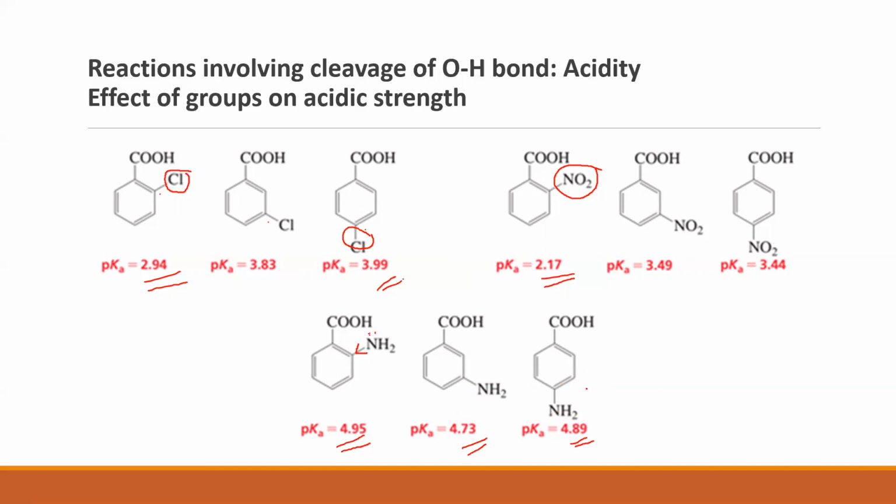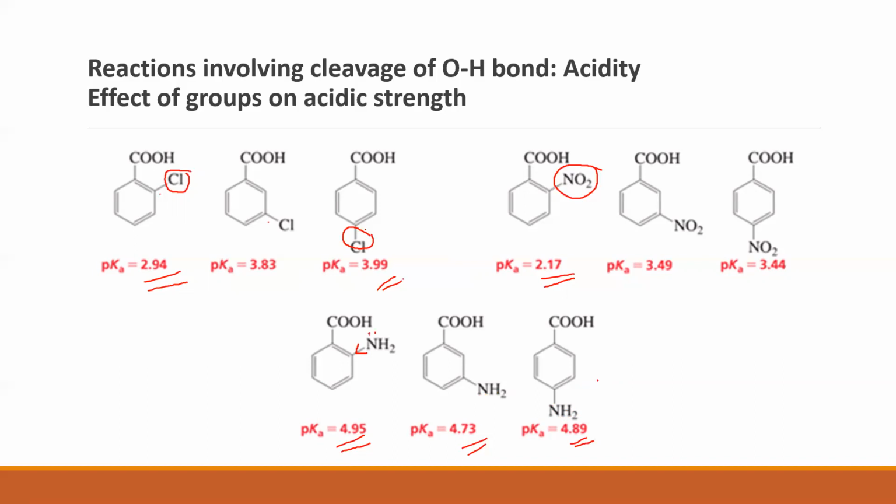So I want you to take this as homework. Find out why meta amino benzoic acid is stronger than para amino benzoic acid, even though the distance in the case of para is longer. Clear? Got that? I want you to find the reason for that.